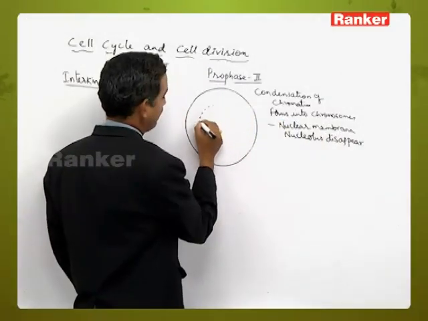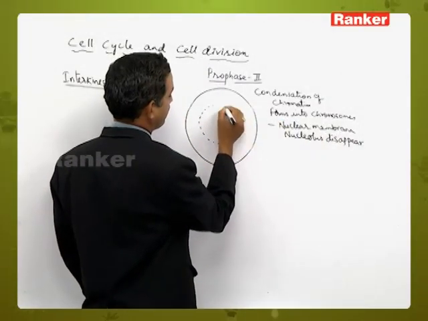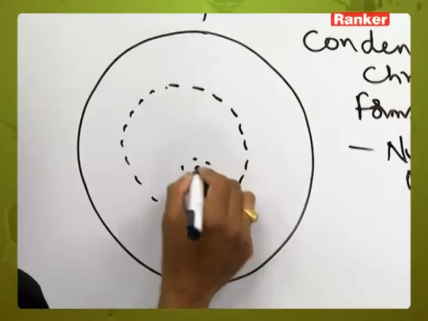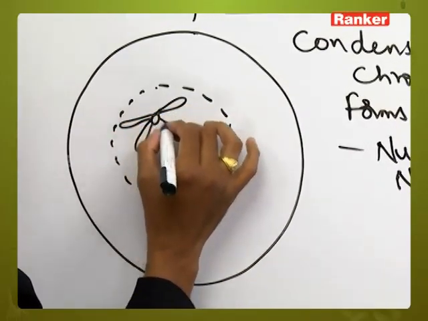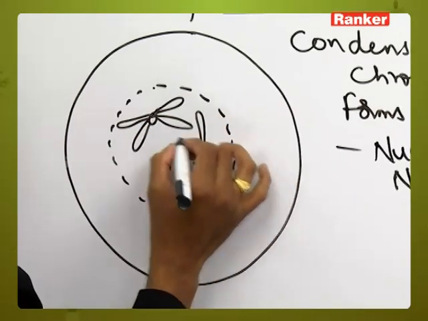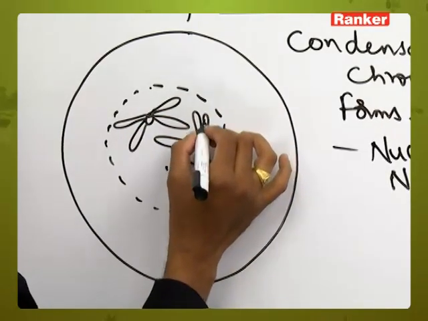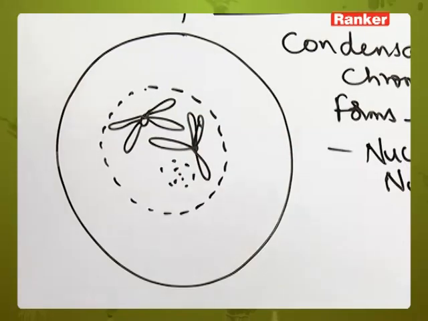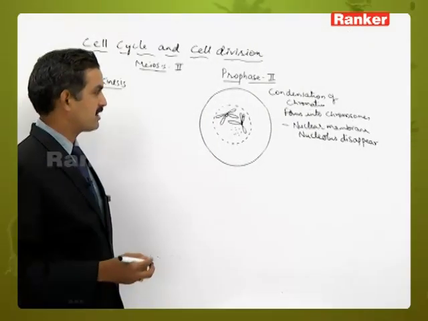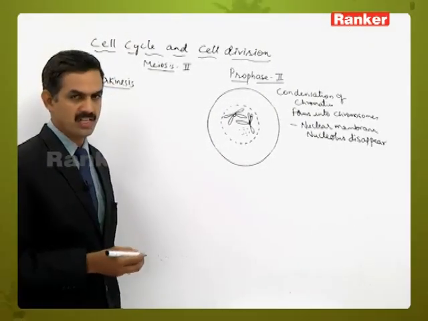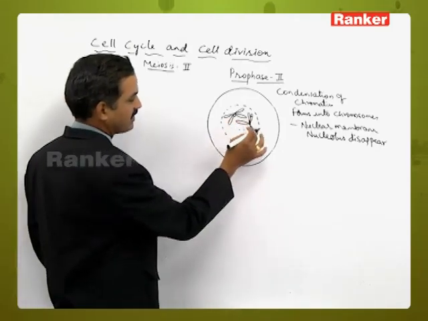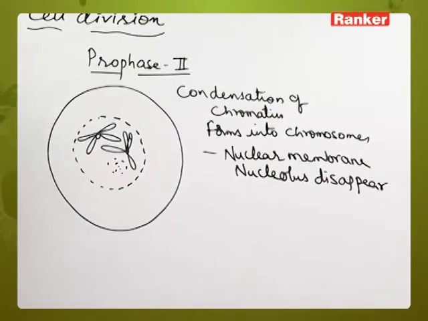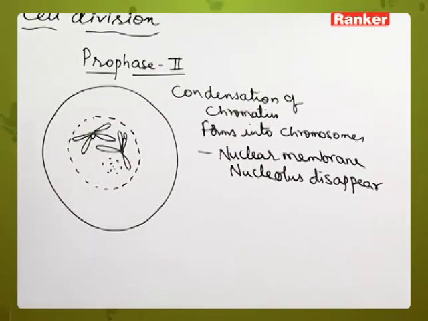So we can see disorganization of the nuclear membrane like this, and the nucleolus will also gradually disorganize, and the chromatin which is present starts gradually separating from the nuclear structures and will be released into the cytoplasmic content. So these are the changes which take place during the prophase 2 stage. This is the condition related to one nucleus; in the other nucleus, the same type of changes will be observed.